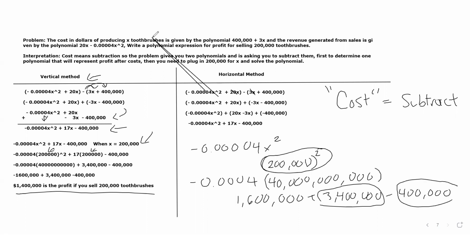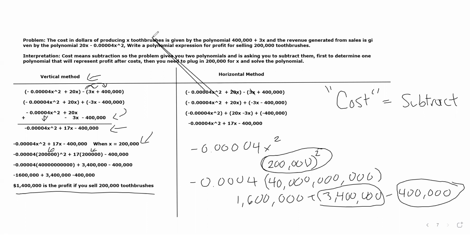And if I paid someone $400,000 to make 200,000 toothbrushes, and then all those toothbrushes were defective and they couldn't be sold in the store, the best case scenario is I'm down $400,000.